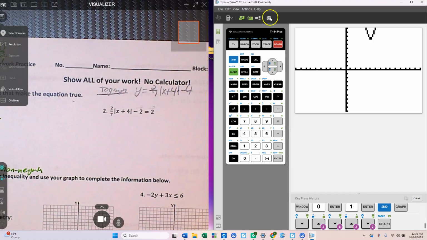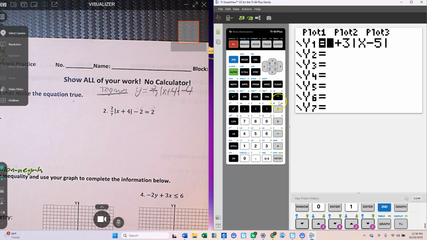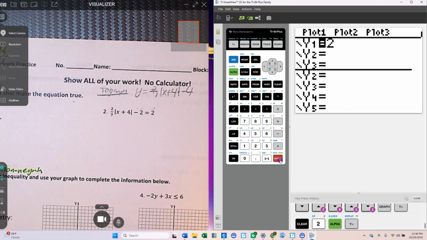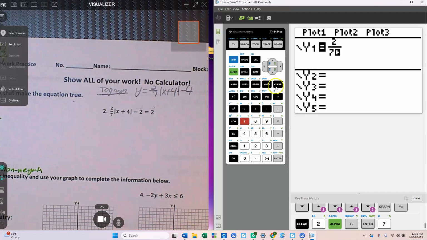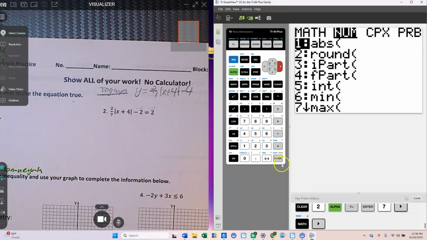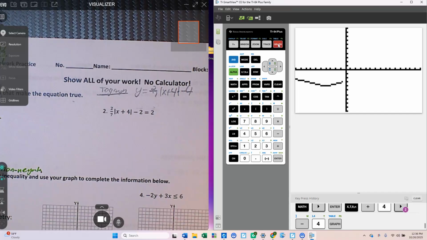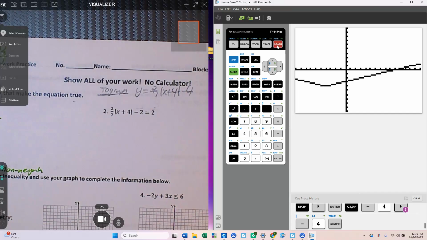So we go to 2 alpha y equals, enter 7, scoot to the right, math, right abs, x plus 4, and then you've got that -4 graph. You can see that we are going to have x-intercepts. The vertex is -4, -4.